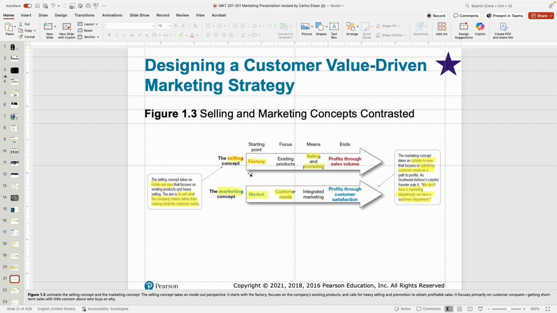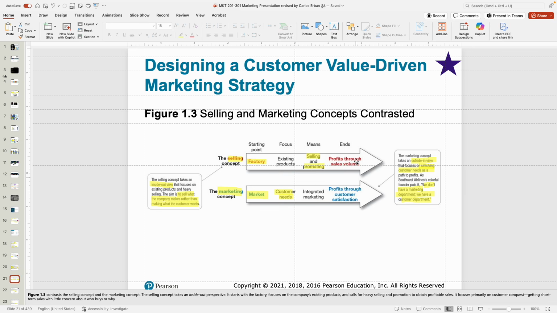So then you really have essentially two ways to design a customer value strategy. The marketing concept is kind of what we've been doing. You look at the market, the needs, and then you figure out a way to fulfill those needs better than your competition. The selling concept is kind of the product approach, right? You start with a product, and then you figure out how to sell that product.